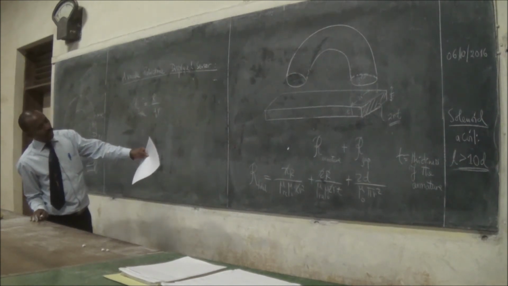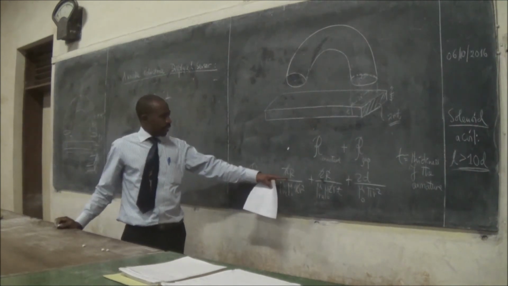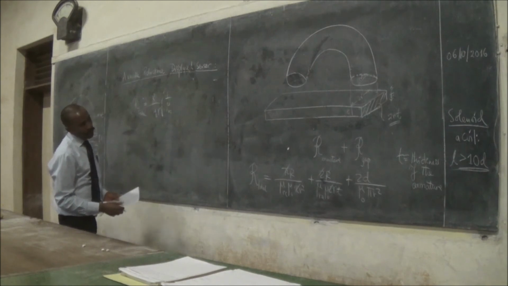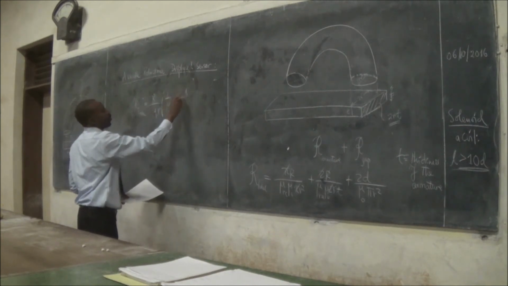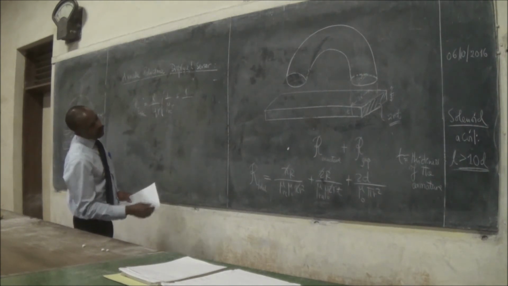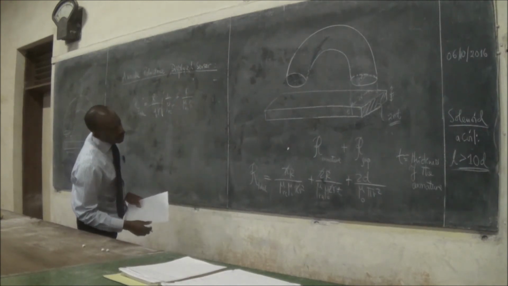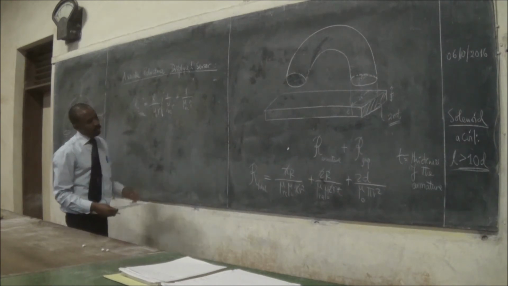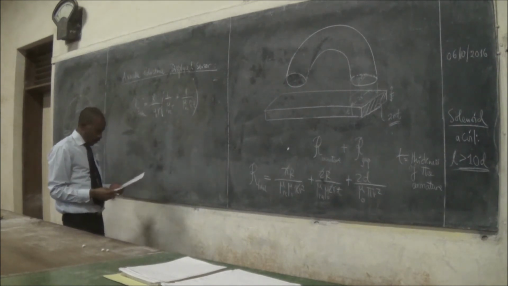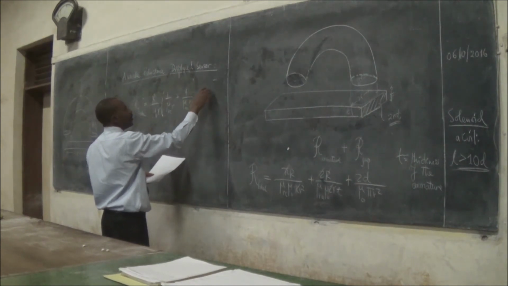So when I have an R, I will put one of them outside, so it will be 1 over mu RC, and then R plus 1 over mu R and then capital R, and then small r is already outside, so I'll have a T, and then I add on the 2D.